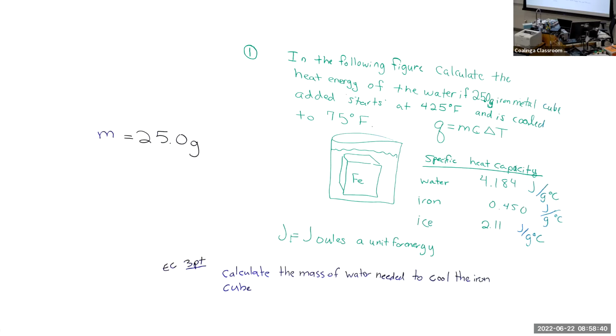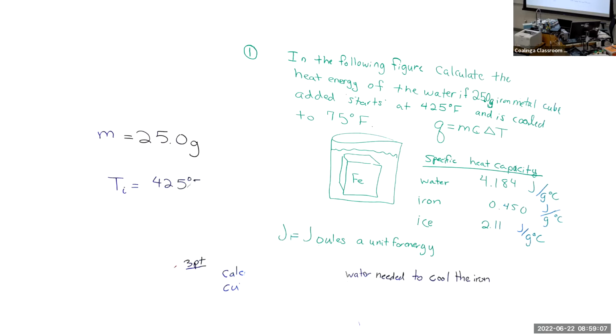But is it gonna be the water? There's another thing that we're missing here. We need the temperature, which we have, right? Well, maybe it's the iron metal. What is my initial temperature? 425 degrees Fahrenheit, right?